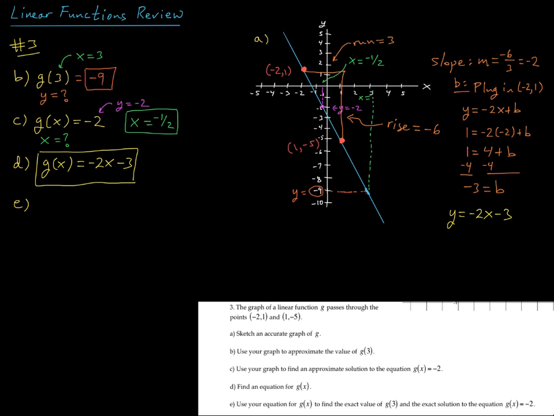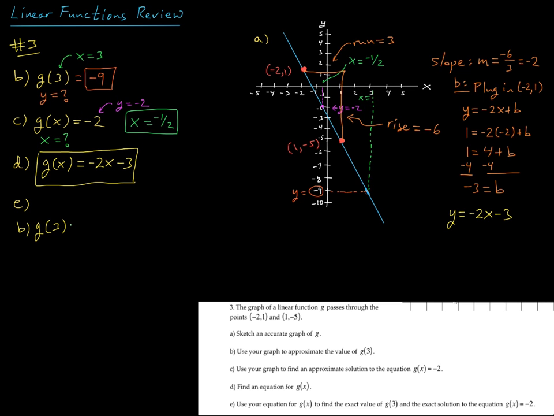All right. And then lastly, E, use your equation for g of x to find the exact value of g of 3 and the exact solution to the equation g of x is -2. All right, so for part B, from the graph we got that g of 3 was -9.